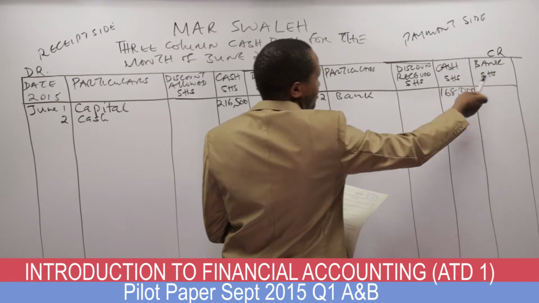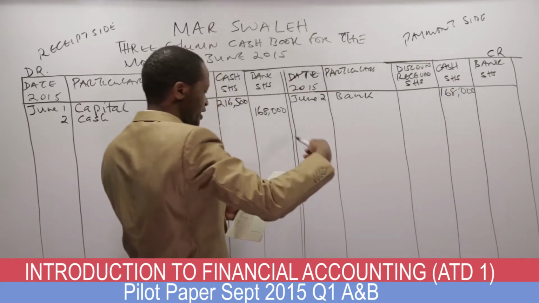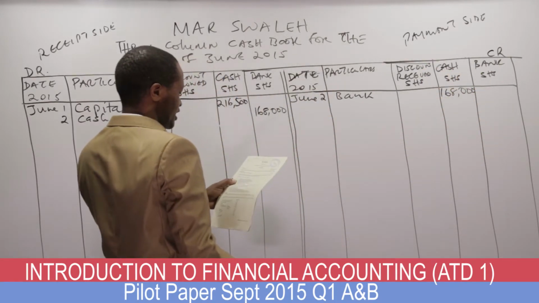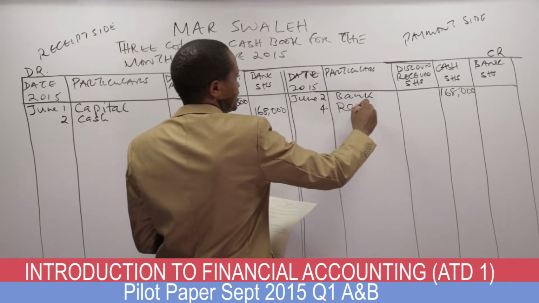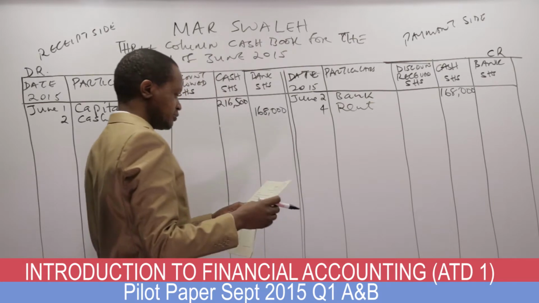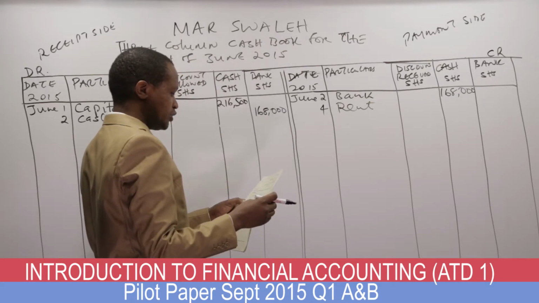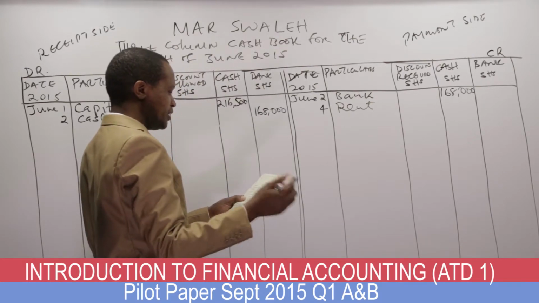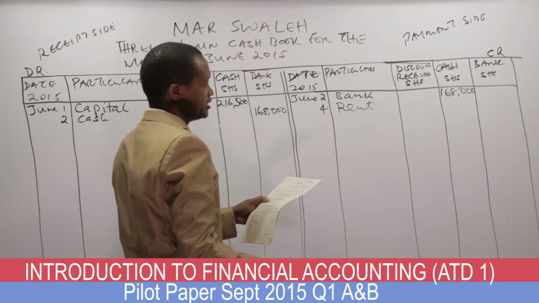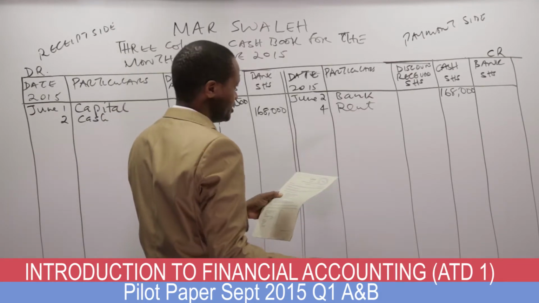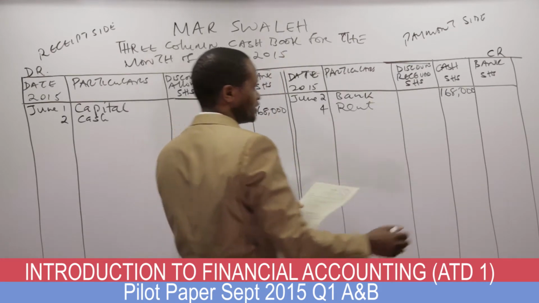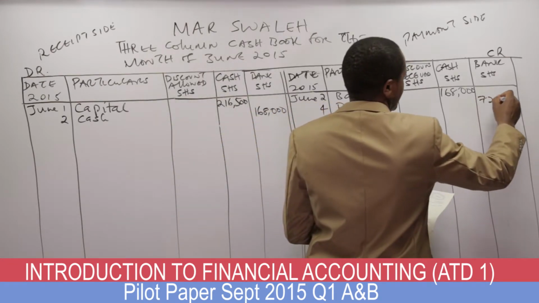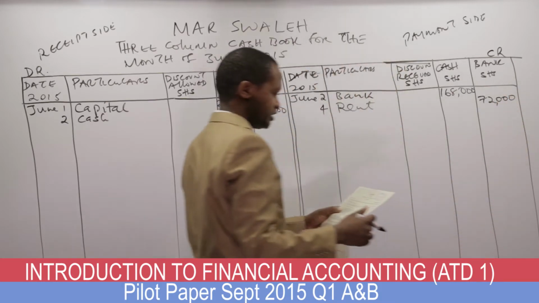He's paying rent, and the date is fourth, so you write rent. Rent has been paid amounting to 72,000, and the payment was by check. Remember, when you are making check payments, you record under the bank column. So we have 72,000 paid in respect of rent.